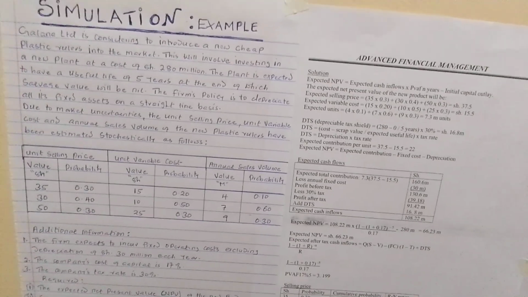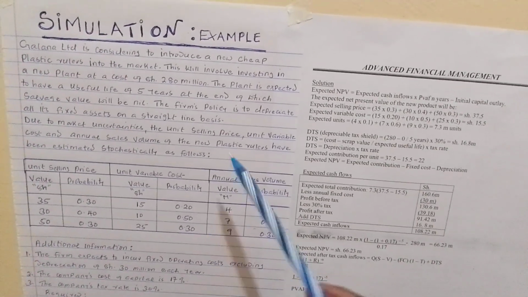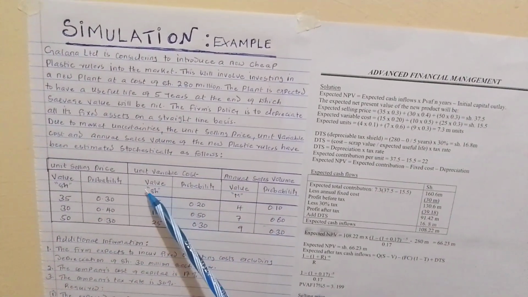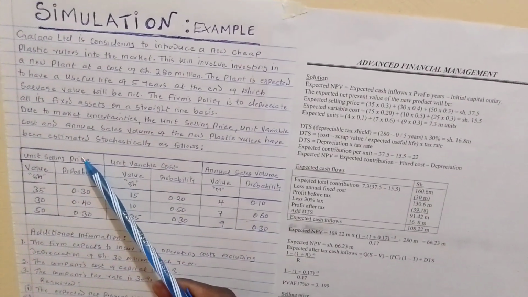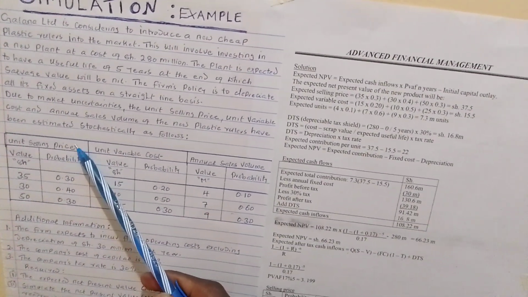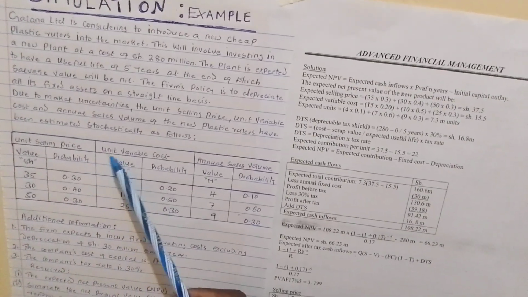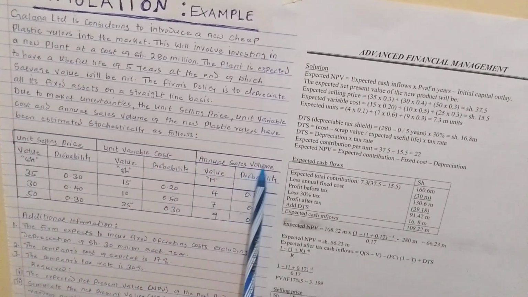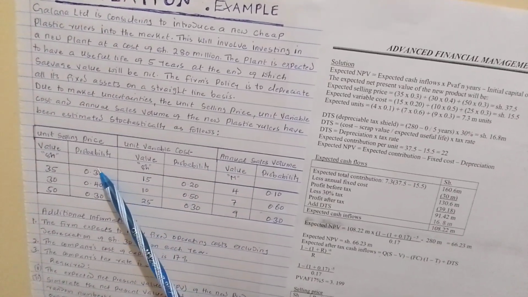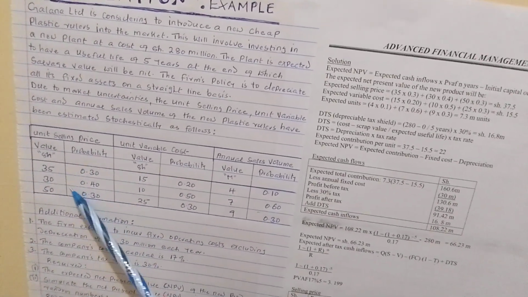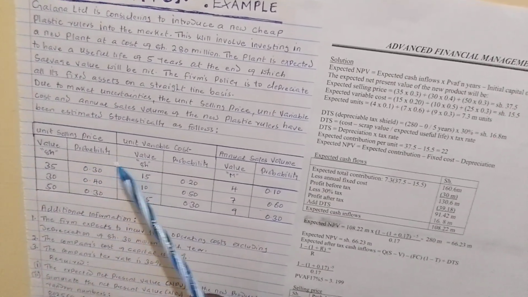So as far as simulation is concerned, to conclude this lesson, we should be able to understand the variables which will be provided. In our case here, we have unit selling price, unit variable cost, and the annual sales volume. We will be required to accumulate these probabilities and establish the range.